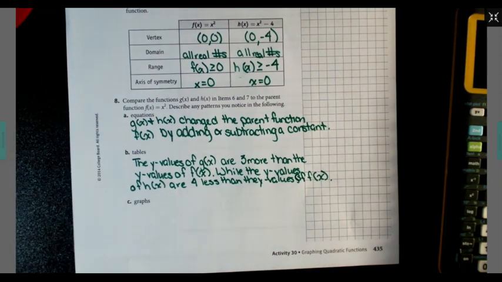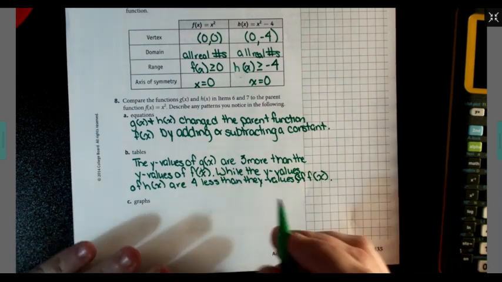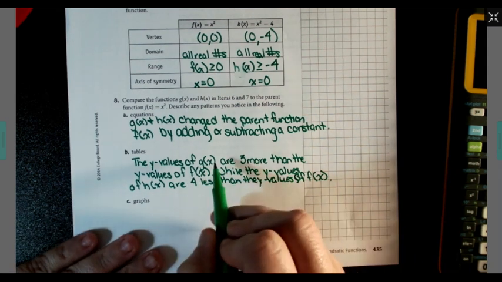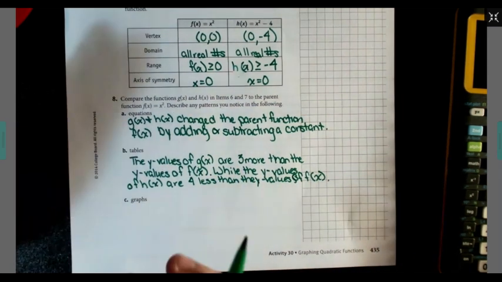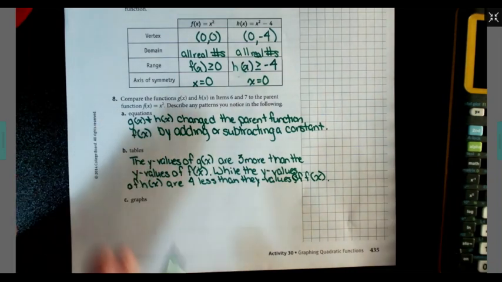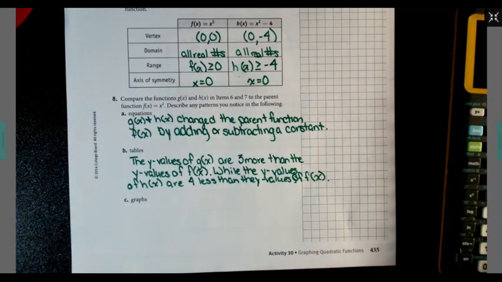Okay, let's talk about those graphs. Oh, before I move on to the graphs, sorry. Remember that constant that was added? We had a constant of 3 added and we had a subtraction of 4.